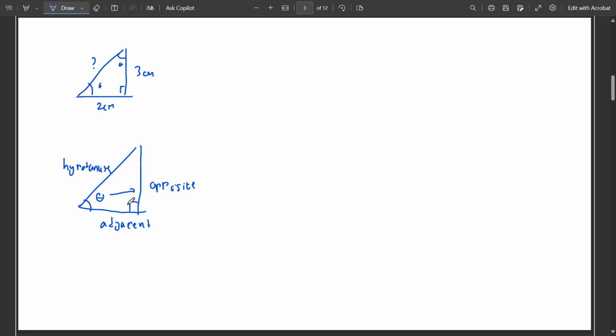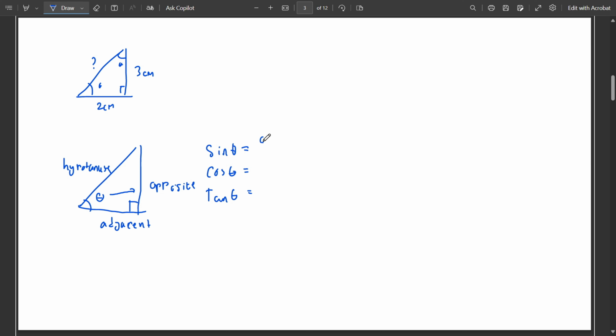To find the angle theta, we use something called SOHCAHTOA. So we have sine theta and cosine theta and tangent theta. These are the main trig ratios. Sine theta is our opposite over our hypotenuse.